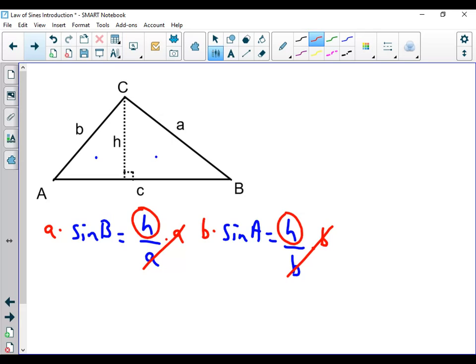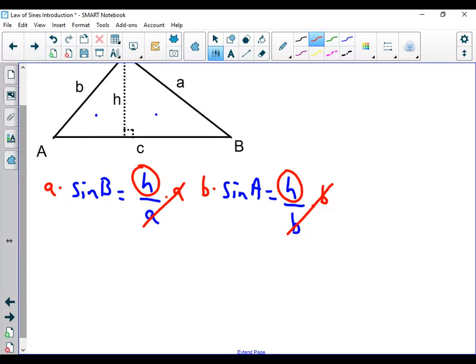The same length, right? That didn't change. So that means the H here is the same as the H here, which means I could say this, A times the sine of B is equal to B times the sine of A.